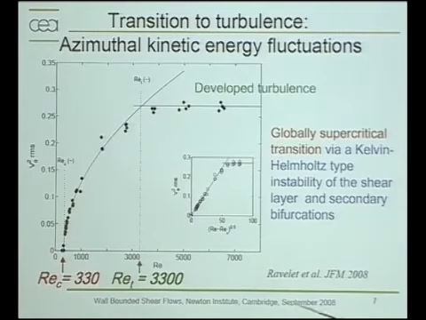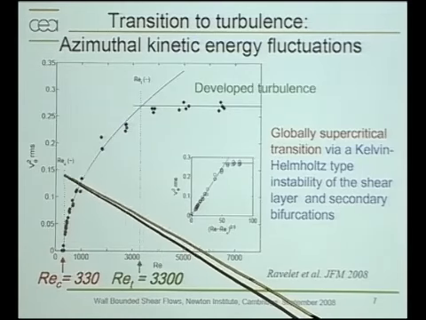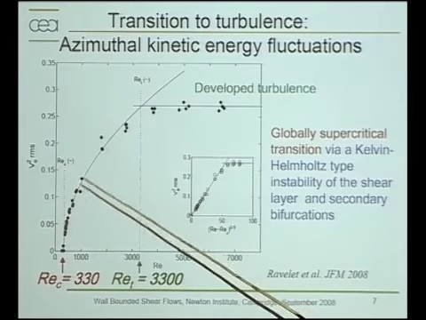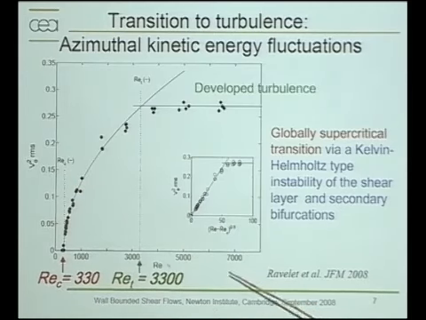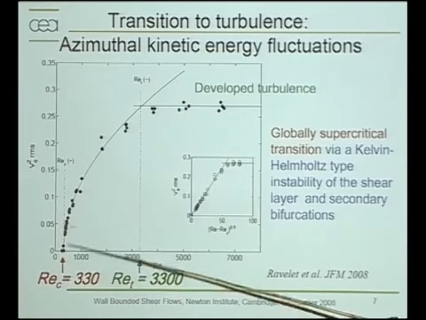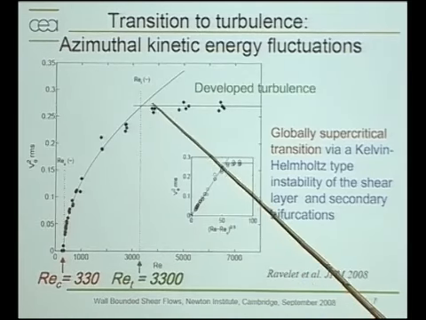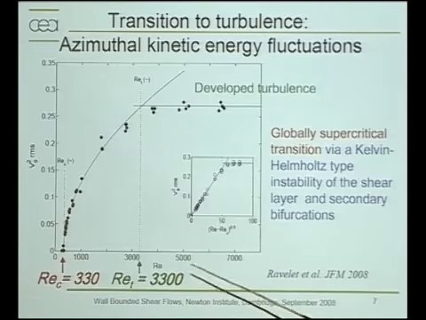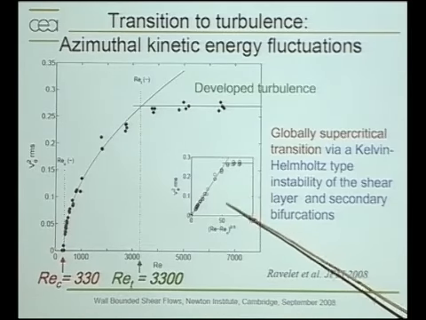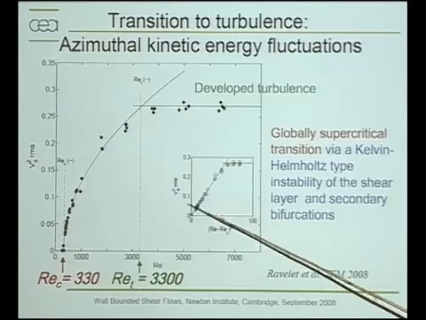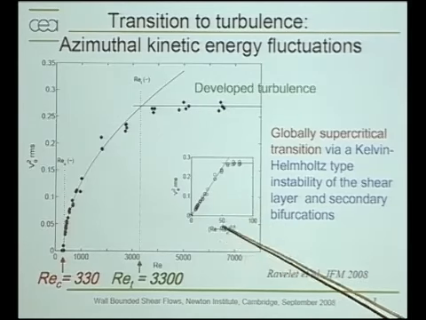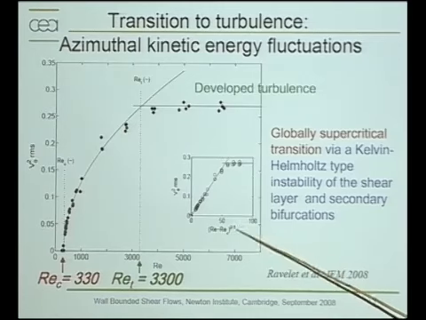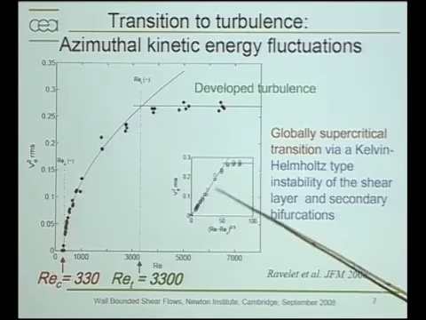So you can also look at all these transitions by looking at the azimuthal kinetic energy fluctuation. On this graph, I have put this parameter as a function of the Reynolds number. What you get is a continuous line, which is increasing until you get turbulent, around this Reynolds number of 3,300.